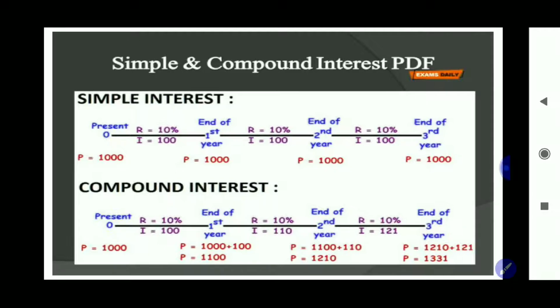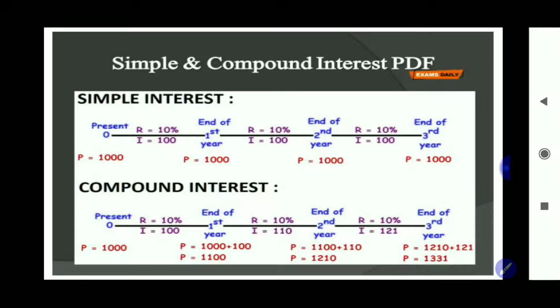In simple interest, the principal is 1000, but here the principal is 1100. Now observe carefully, one more step. At the end of the second year, interest is 10% on 1100. So interest is 110. Now this interest is added to the previous principal 1100. So now the principal becomes 1100 plus 110.